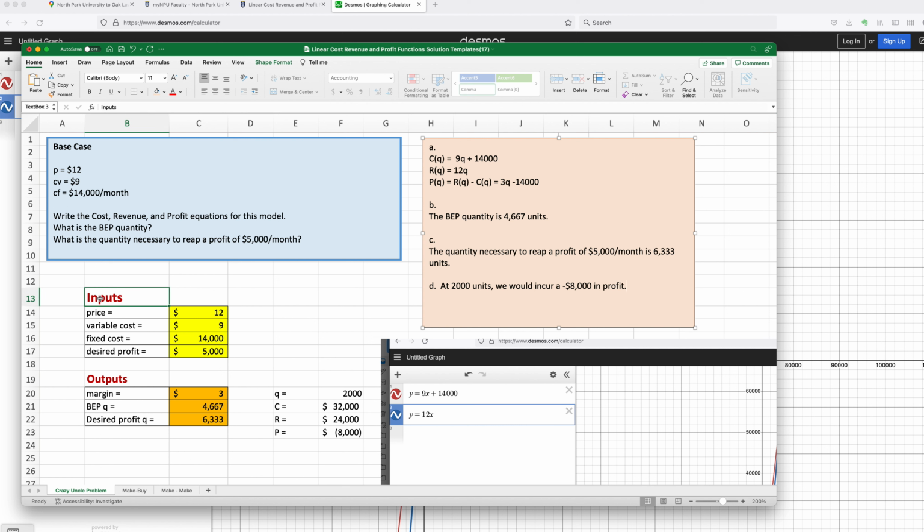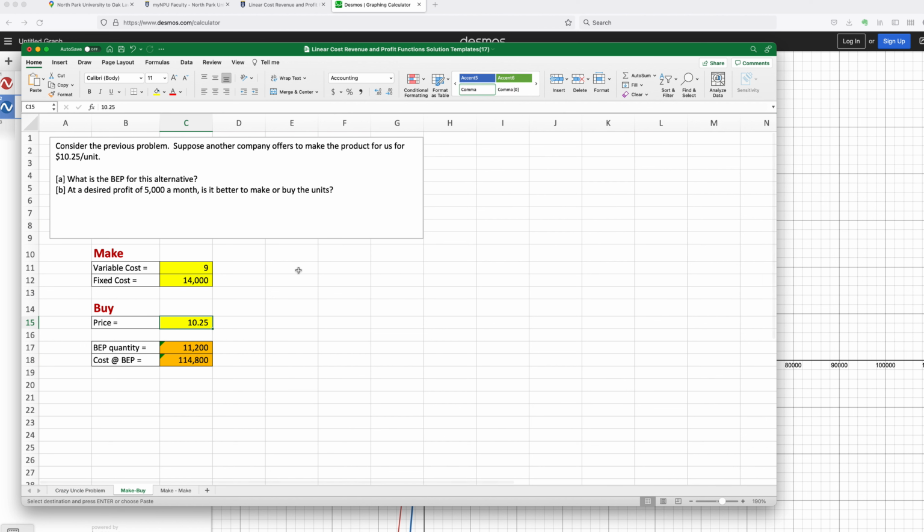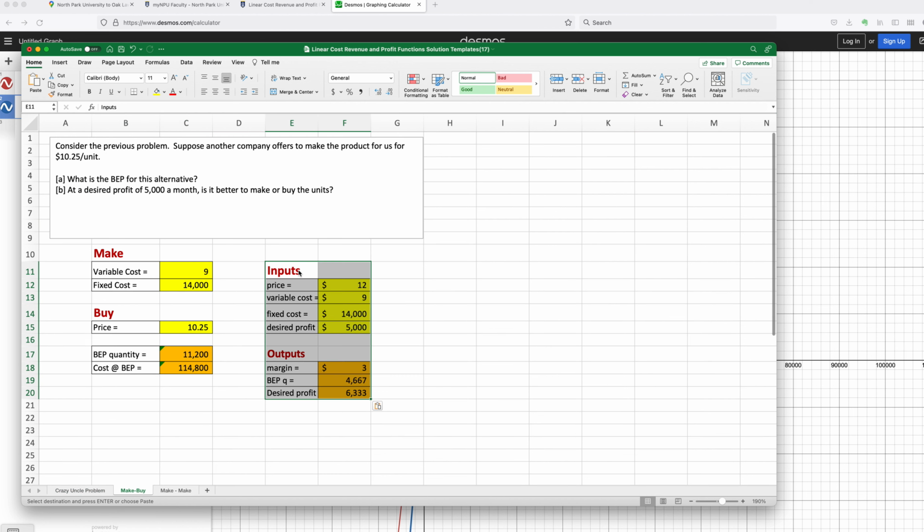So let me copy this again over here. Let me copy it and paste it right there. It gives me the same answers, but let me say this is inputs for buying. So what do I have?